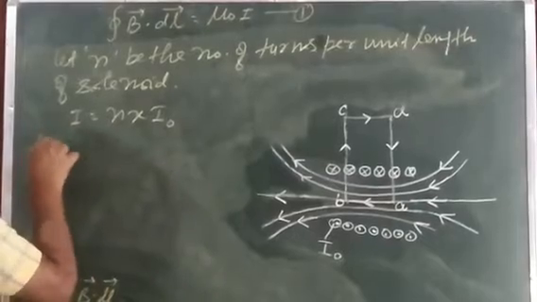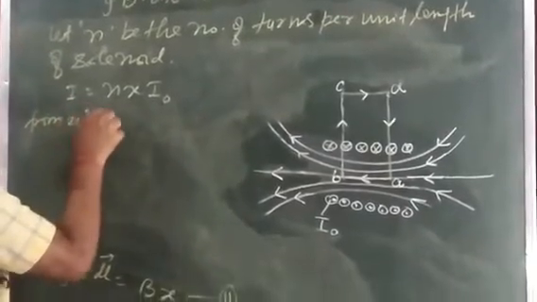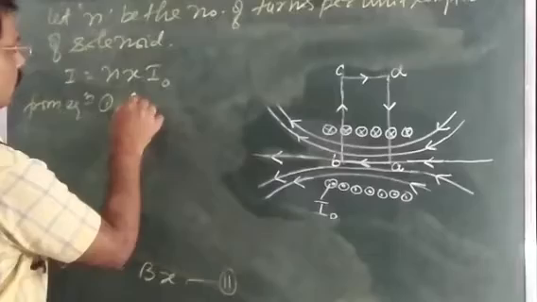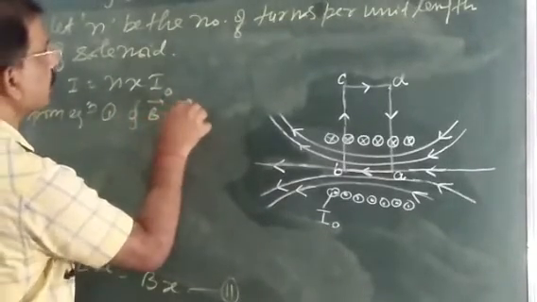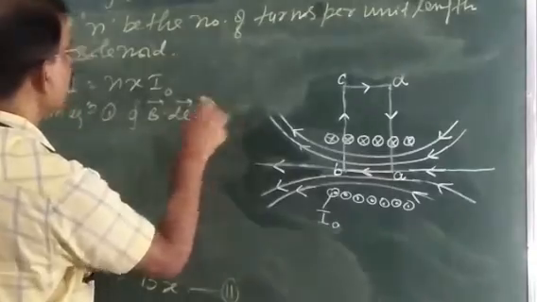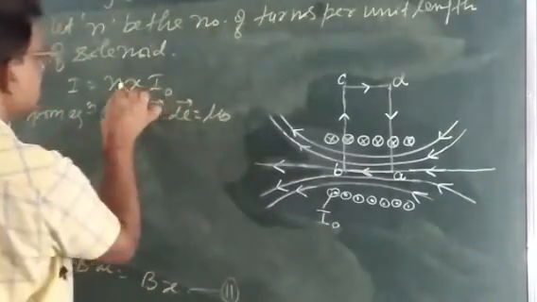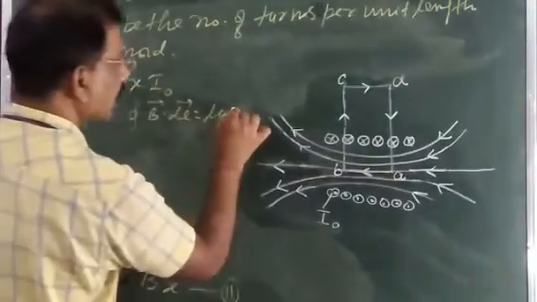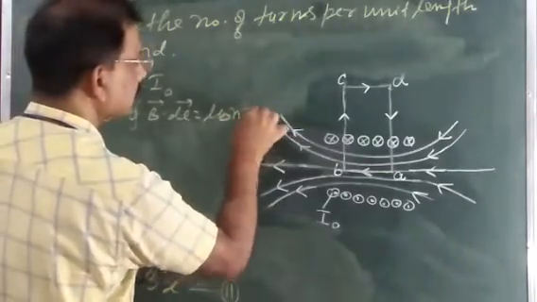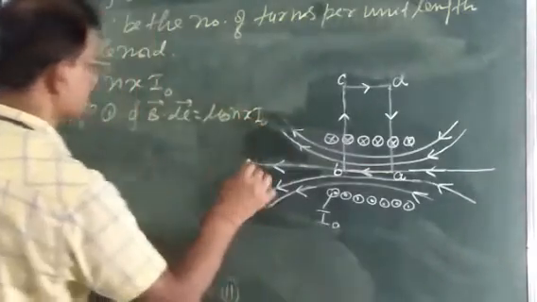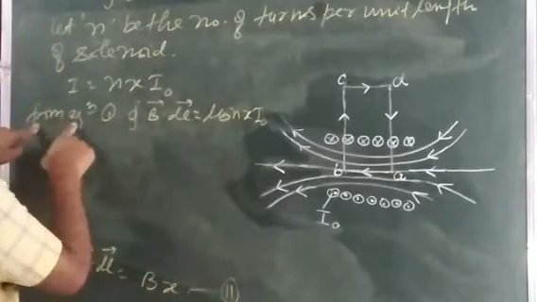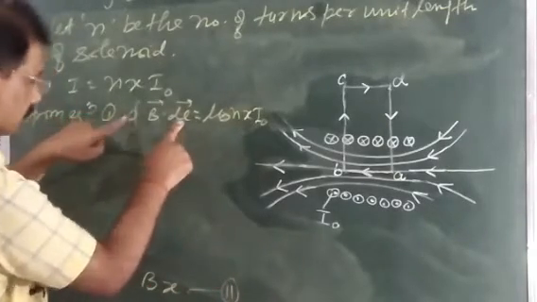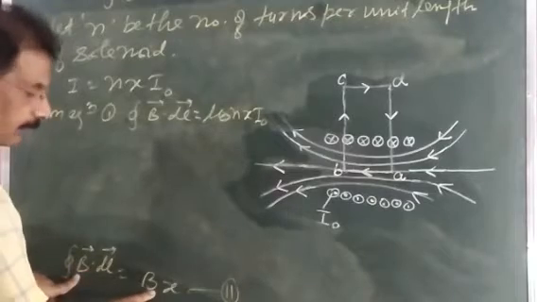From equation 1, whole integration B dot dl is equal to mu naught. At place of I we can write nx I naught. And from this equation and equation number 2, this one is what here? Whole integration B dot dl. This one is also whole integration B dot dl.